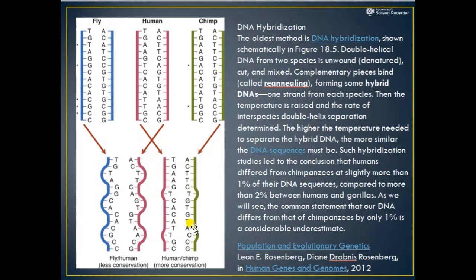Based upon this, we can see that the most similarity is between human and chimp DNA because they are getting hybridized. But here they have less conservation. It was the DNA hybridization technique which they utilized to find out this particular concept.